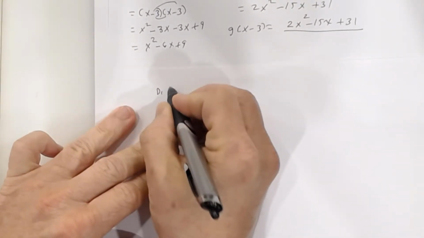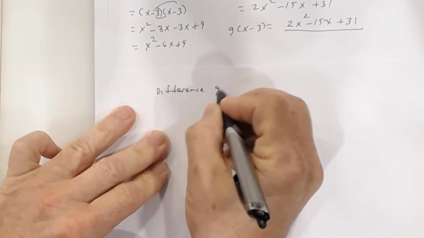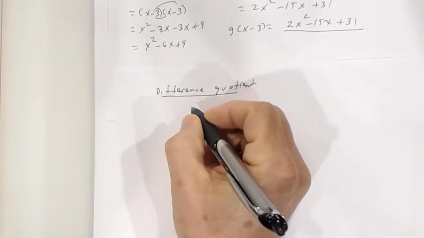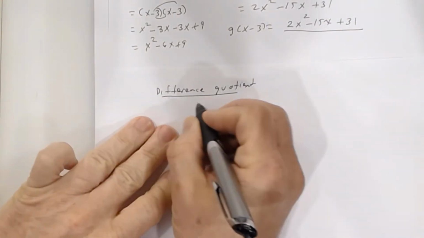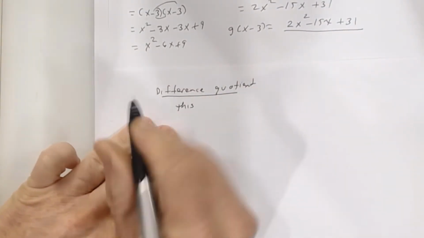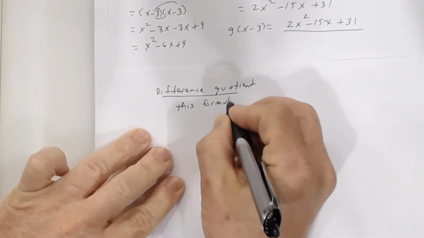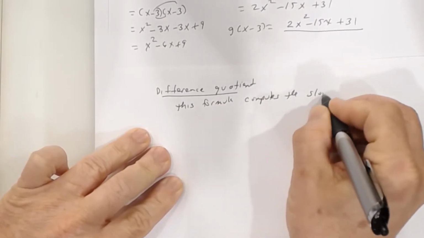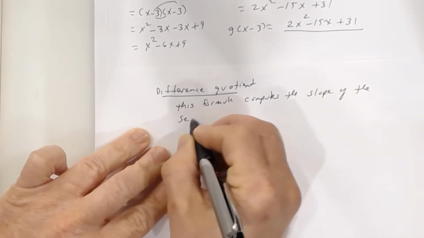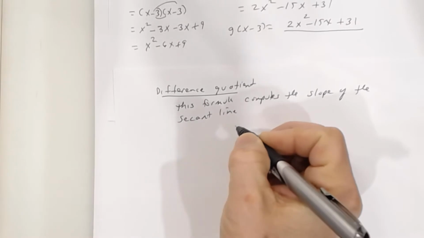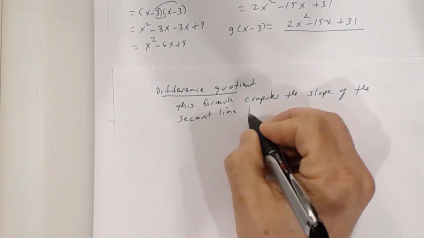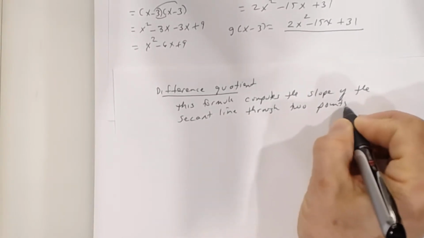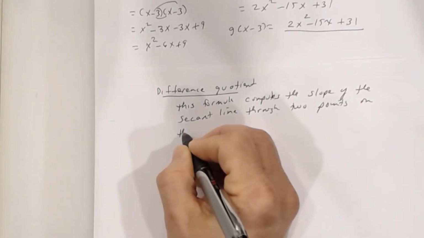All right, so difference quotient. All right, so this formula, and I'm not telling you what it is yet, but this formula computes the slope of the secant line through 2 points on the graph of a function.